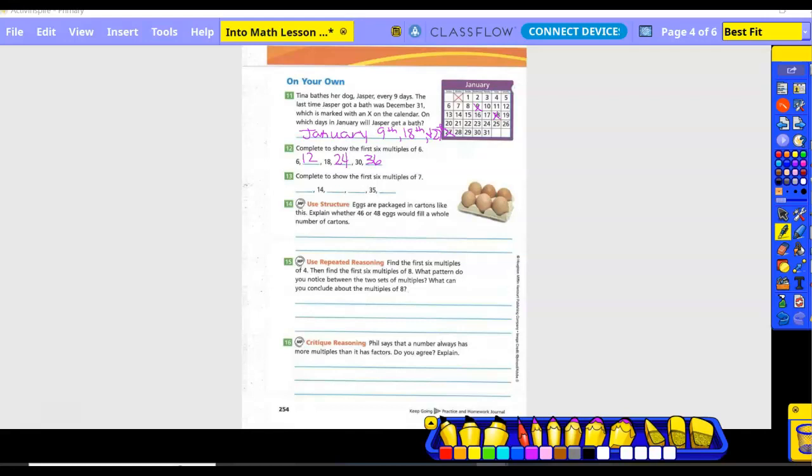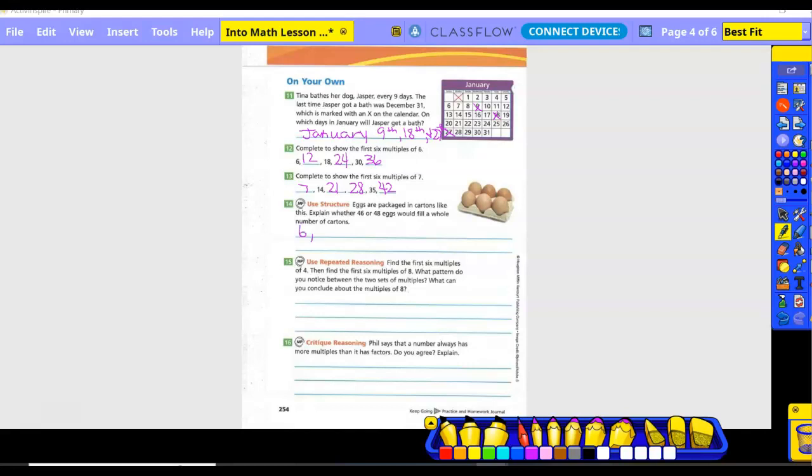What do we start with? 7, 14, 21, 28, 35, 42. Number 14, eggs are packaged in cartons like this. Explain whether 48 or 46 eggs would fill a whole number of cartons. So what would we do? We would find the multiples of 6, right?